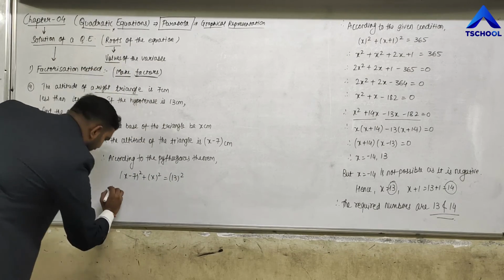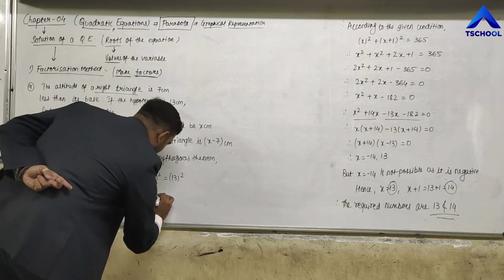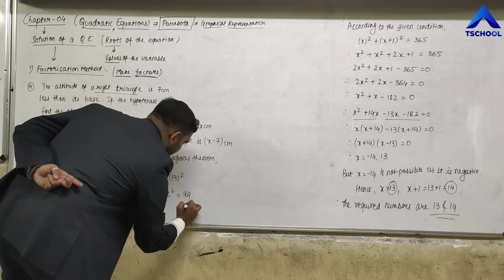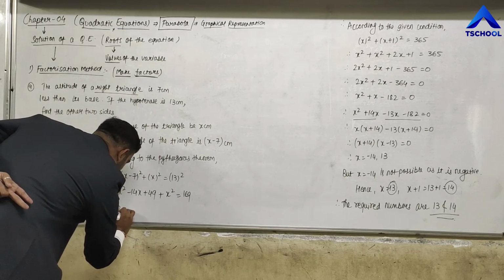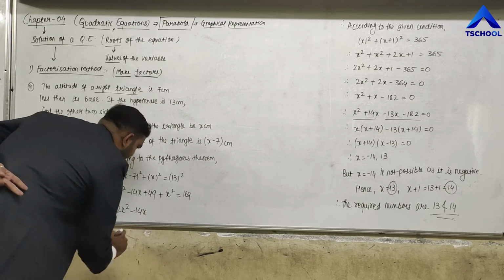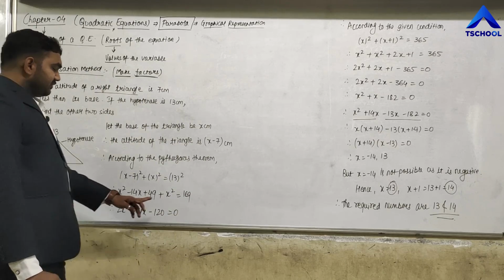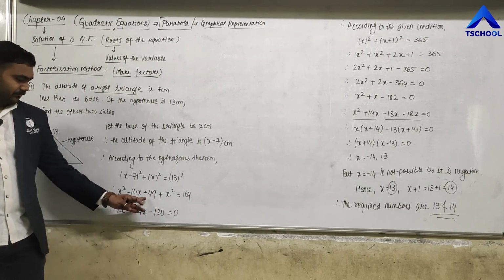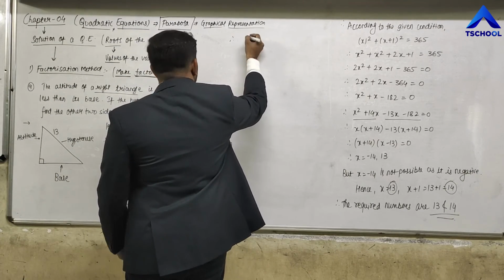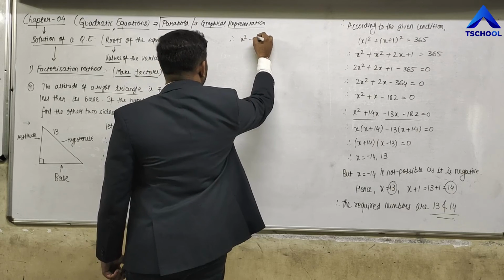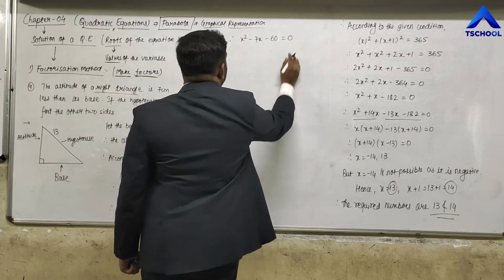Right? So let us solve this. X square minus 14x plus 49 plus x square is equal to 169. Take everything on this side, that is 2x square minus 14x minus 120 is equal to 0. This 169 will come here, that will become minus 49 minus 169, that is minus 120. So you can take out 2 common from every term, that will give me x square minus 7x minus 60 is equal to 0.